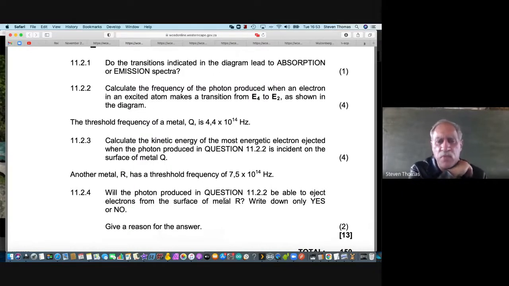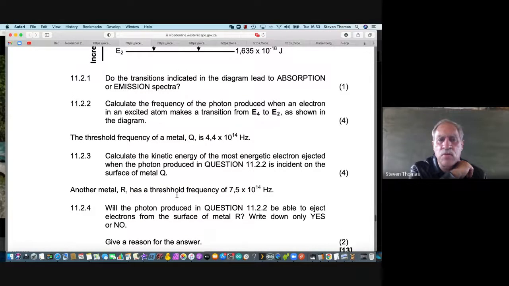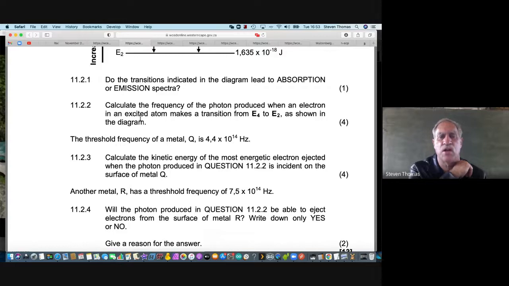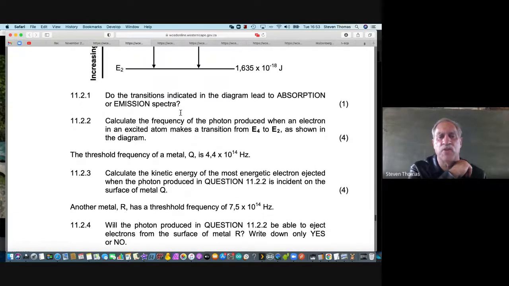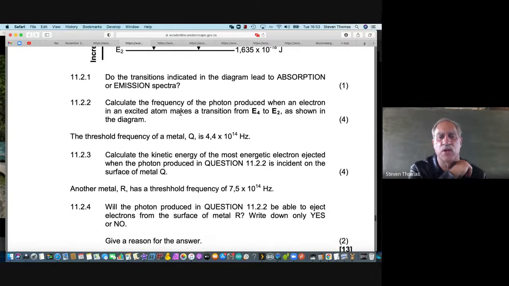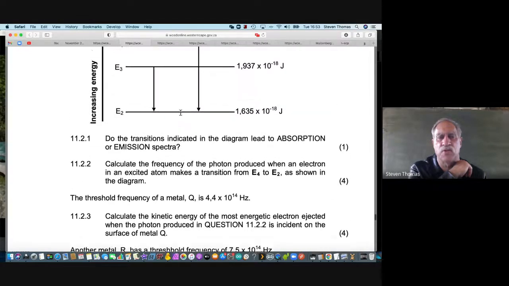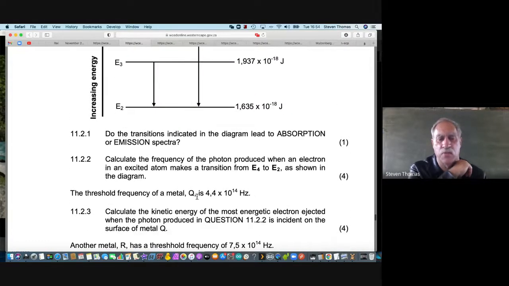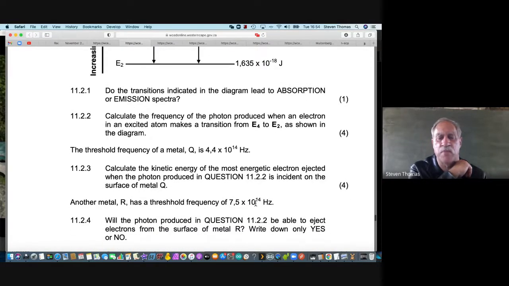This 2017 paper was quite challenging. Look at what I'm thinking of doing: if I take this, multiplied by Planck's constant, I get a certain amount of energy.